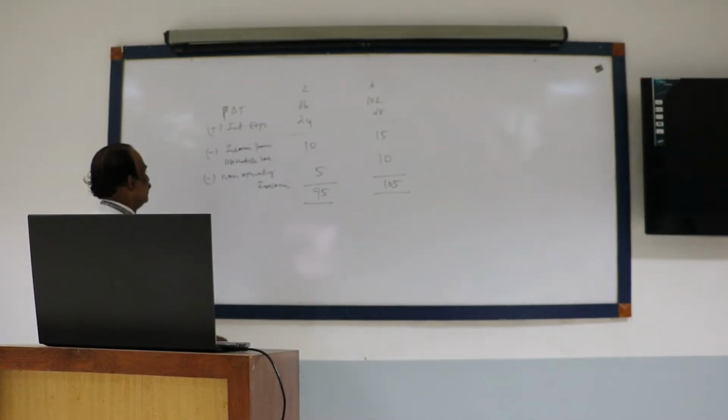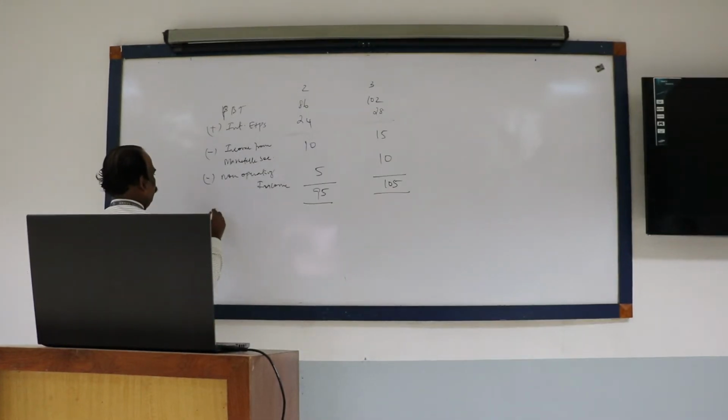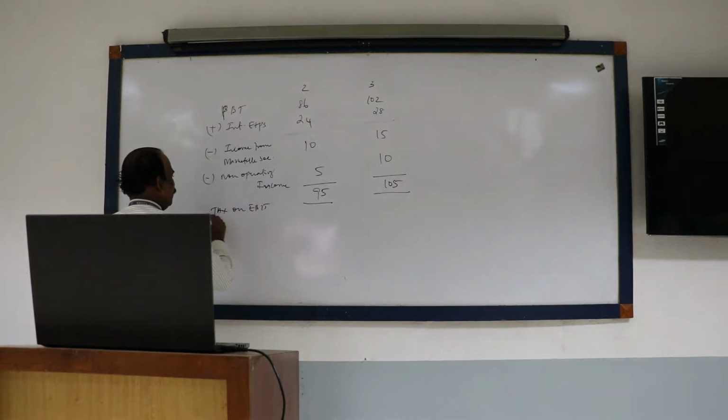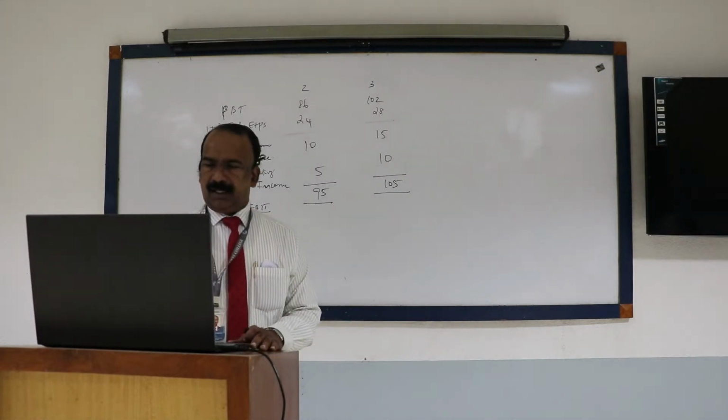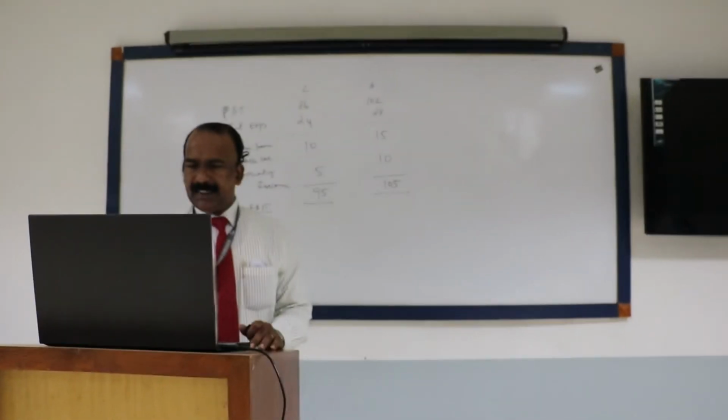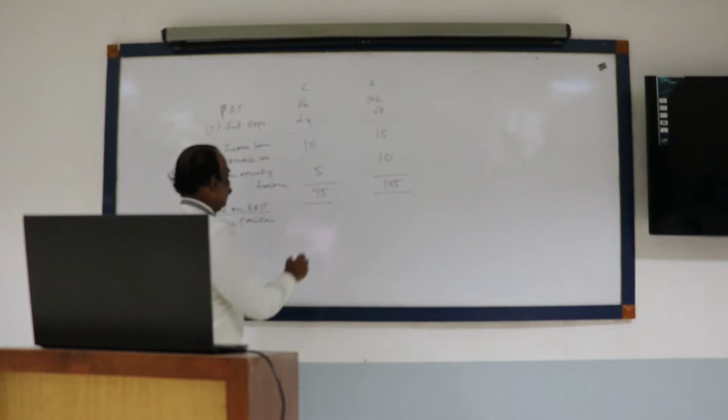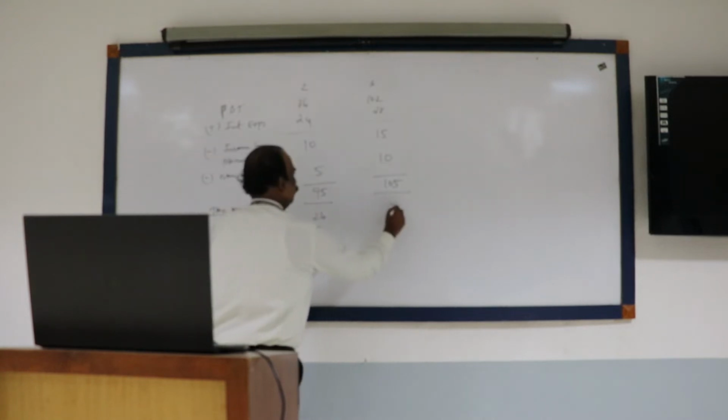Then tax on EBIT. Tax provision. What is given for the second year is 26 and 32.